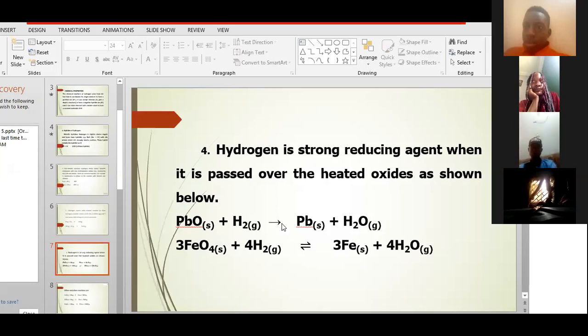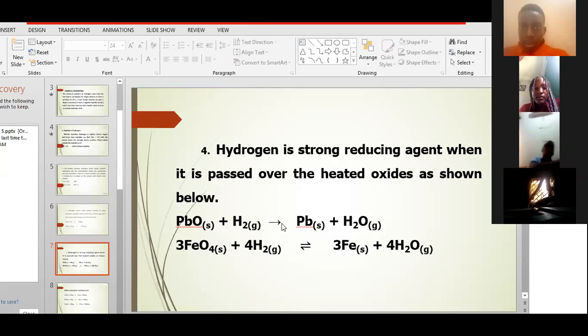I said reduction. Reduction, or the reducing power of hydrogen, means hydrogen has the power to extract oxygen from another compound, and by the time it has been added to another substance, we say reduction has taken place.